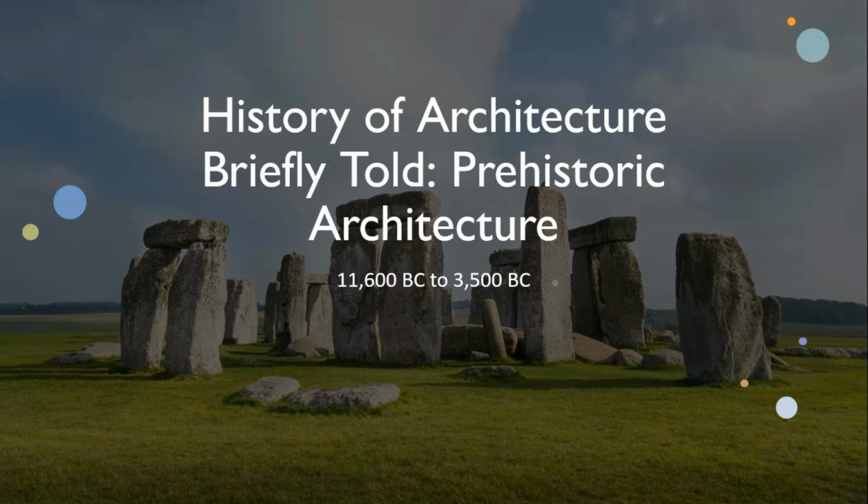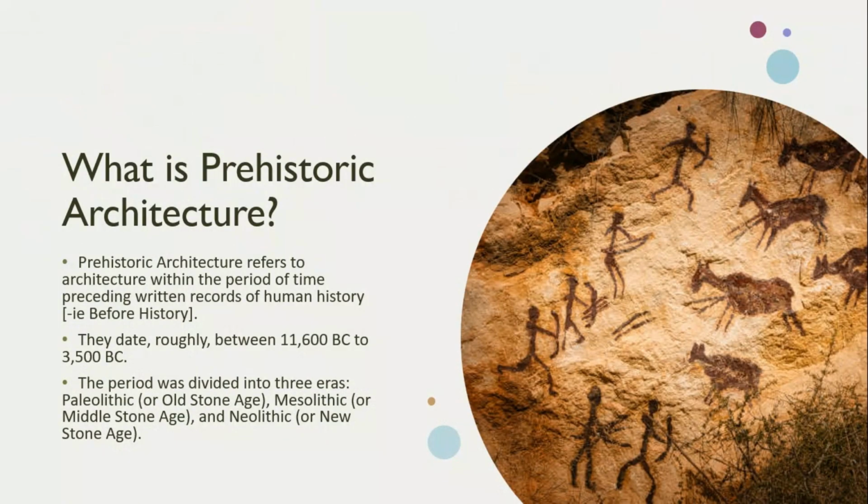In this video, I will summarize a brief outline of prehistoric architecture, which is the architecture dating back between 11,000 BC to 3000 BC, more or less. First, we have to ask ourselves, what is prehistoric architecture? Well, as the title kind of suggests, it is the architecture within the period of time preceding written records of human history.